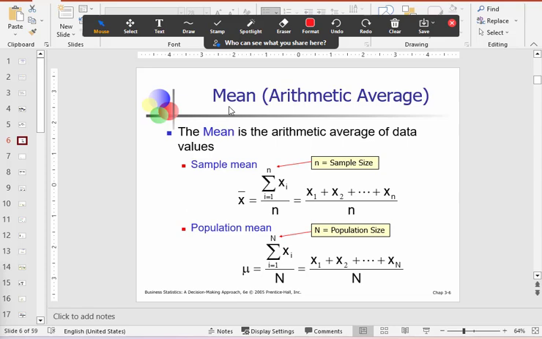Okay, so we have studied the types of central tendency, or measures of center. Now he is giving the formulas. For the case of the arithmetic mean, or arithmetic average, the word arithmetic is used. So it is the arithmetic average of the data. What it does is arithmetically create an average.